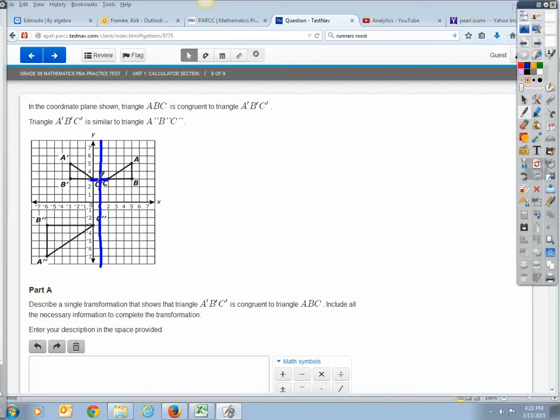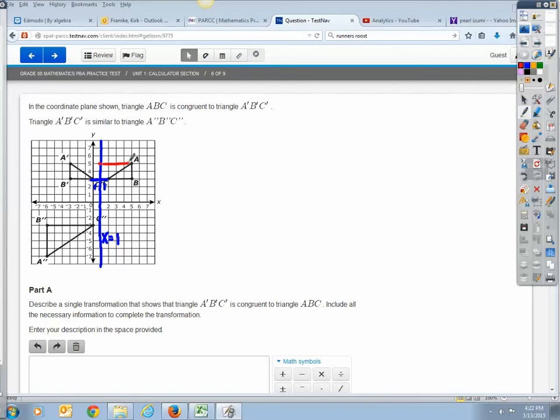So if I reflect over a line x equals 1, so the line here is x equals 1, let's see if I get the same thing. And so I already know that point C and point C prime are equidistant from my line of reflection. And let's see about my other points.